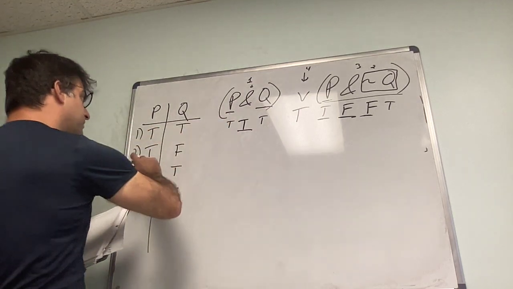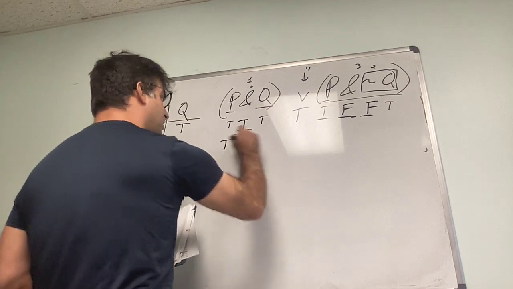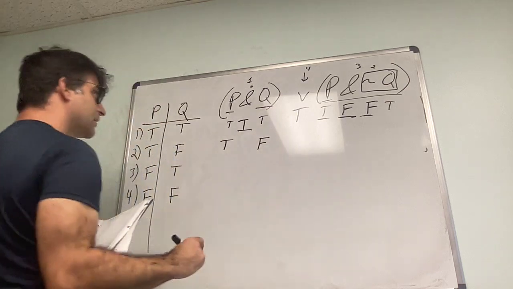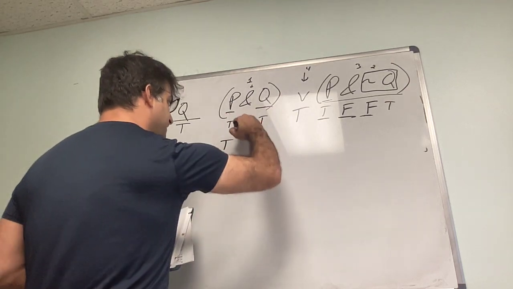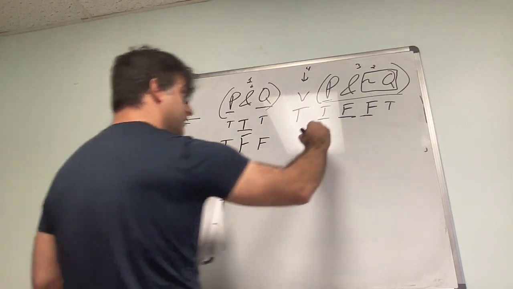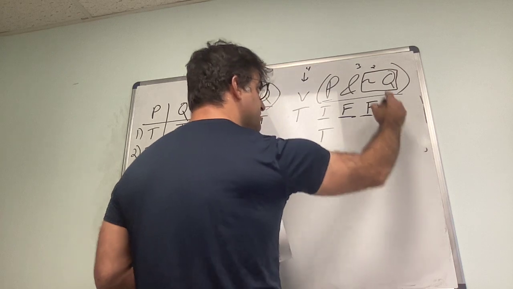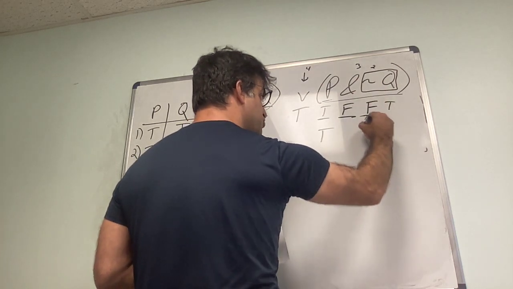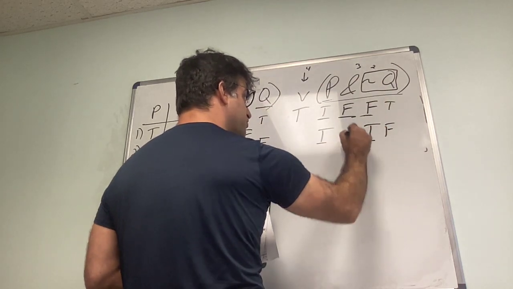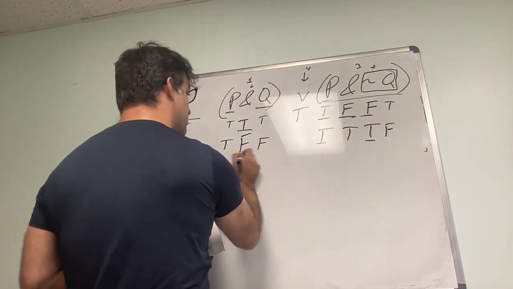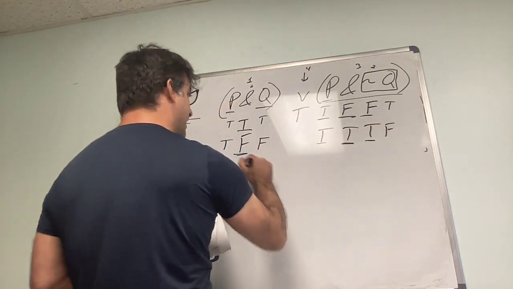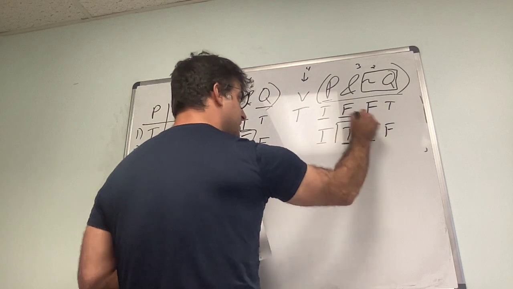All right, when P is true but Q is false, this conjunction is false, but we come over here, P is true. Since Q is false, not Q is true, and we get true and true, which is true. And so these are the two halves of the OR statement.